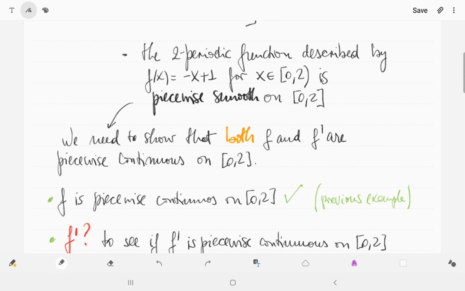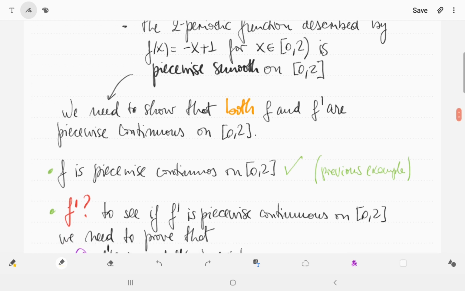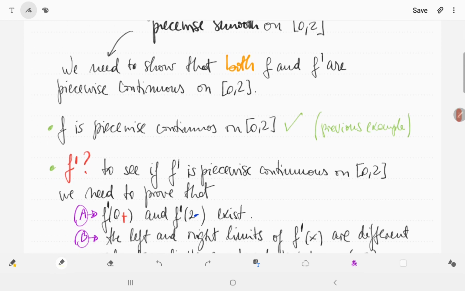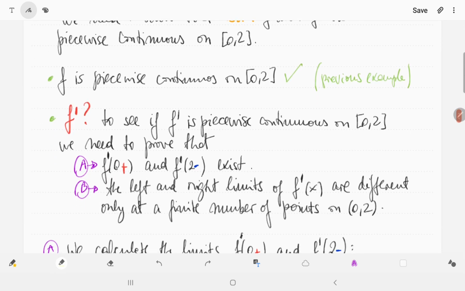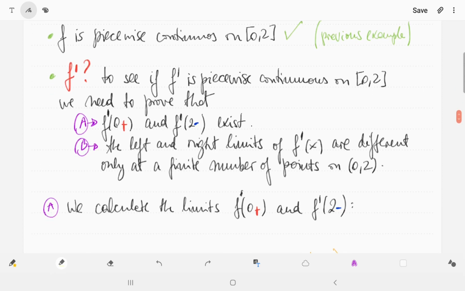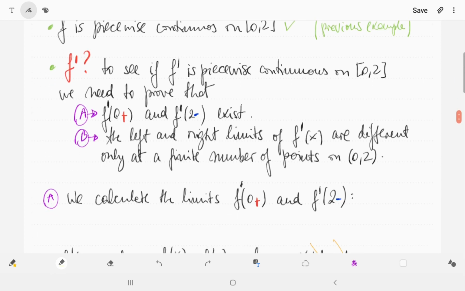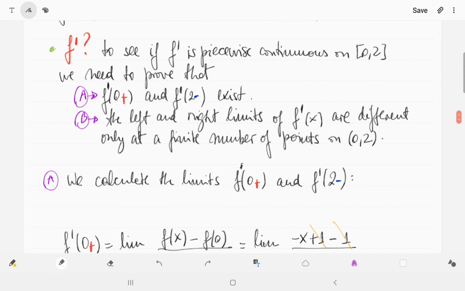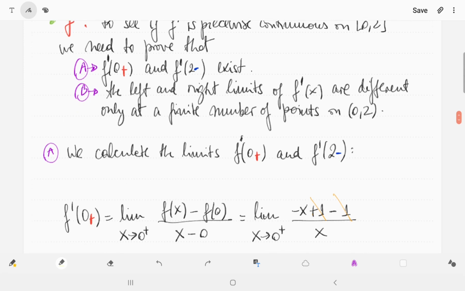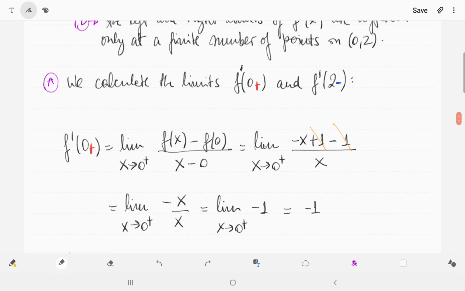But for those who want to read this proof, you can just read it.